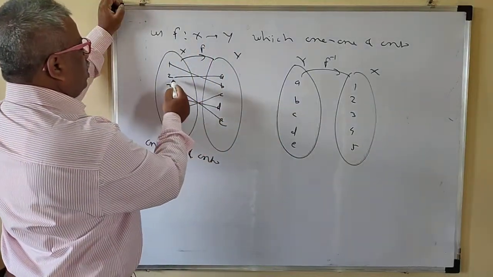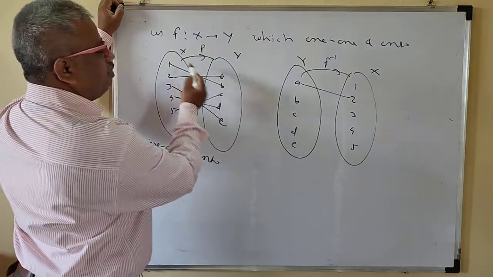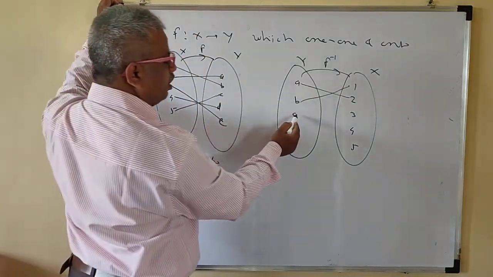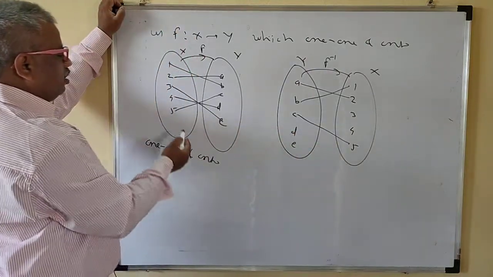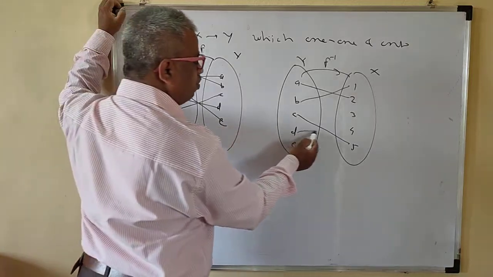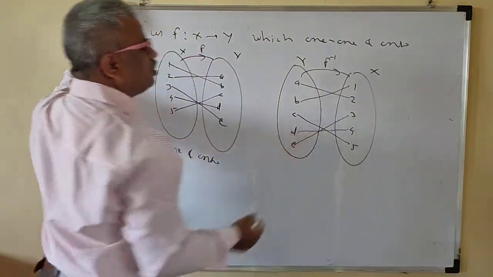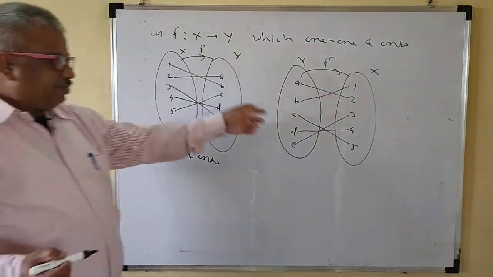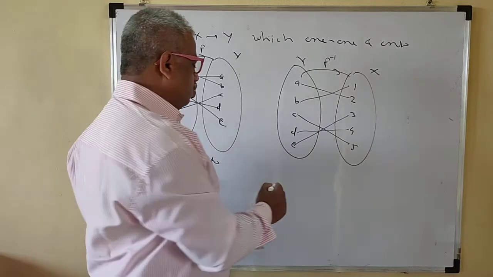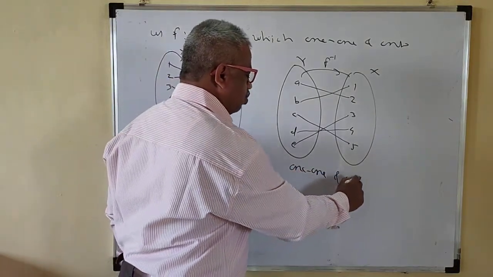Image of a will be 2, image of b will be 1, image of c is 5, image of d will be 4, image of e is 3. Just reversing that. See here, this is also 1-1 and onto.